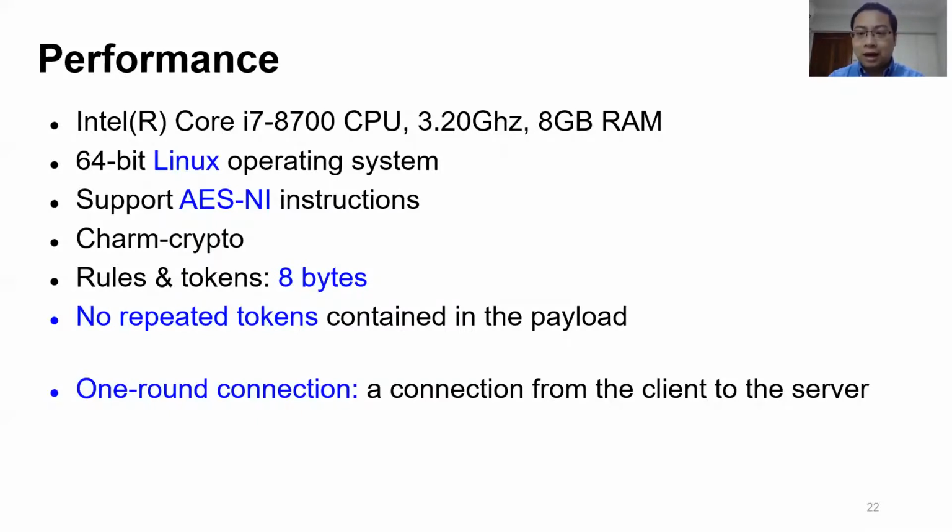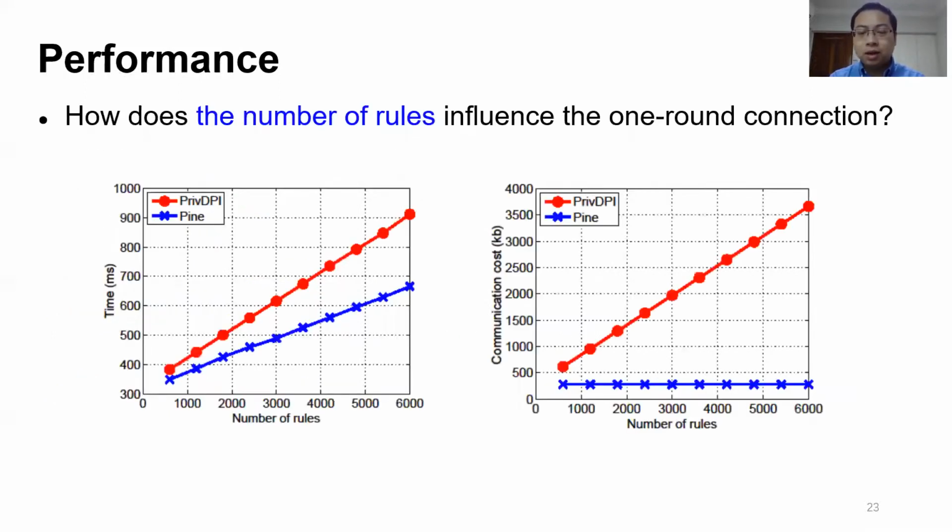For simplicity, the payloads that we test do not contain repeated tokens, and we call a one-round connection a connection from the client to the server. The left figures show the running time for a one-round connection with 5,000 tokens, when the number of rules ranges from 600 to 6,000.